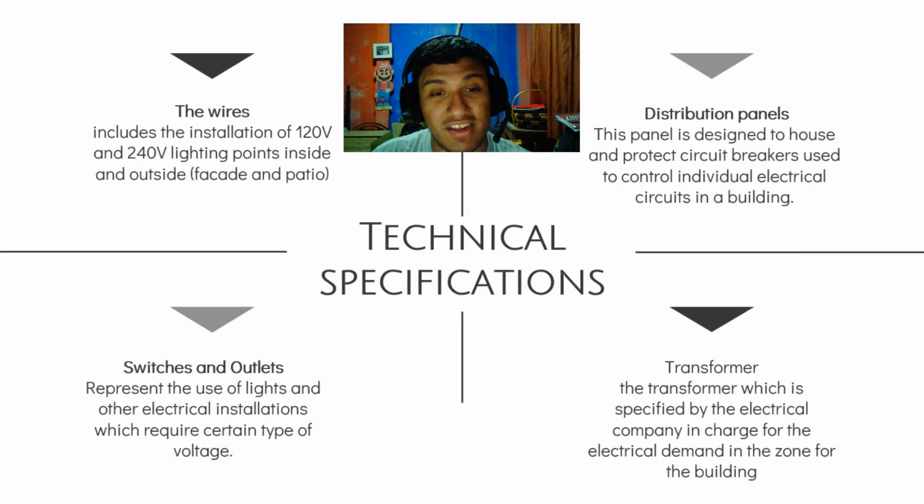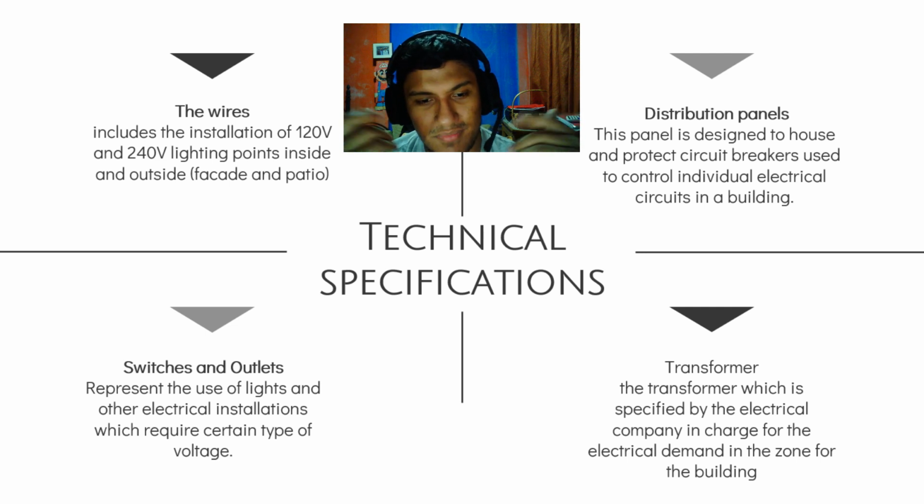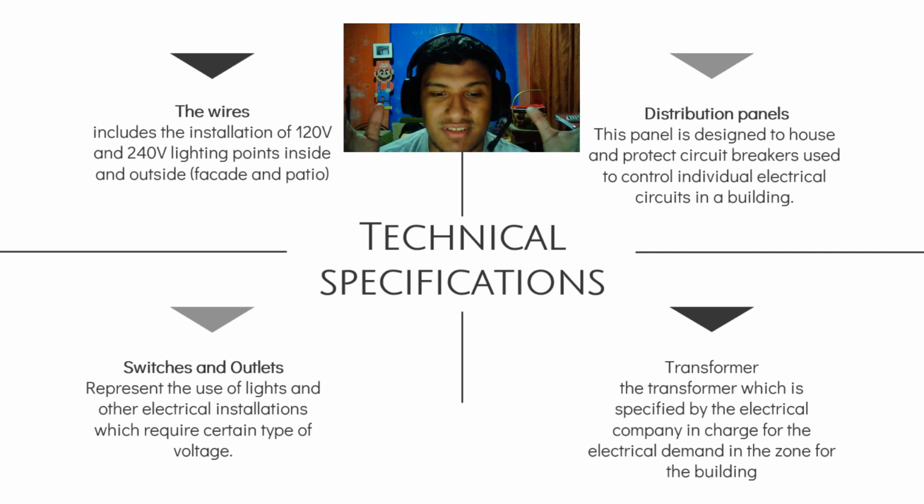Now we have the technical specifications, which refer to the specifications for wires, distribution panels, switches and outlets, and transformers, among other parts of the electrical system. For example, the switches and outlets represent the use of lights and other electrical installations that require a certain type of voltage. It differentiates, for example, the outlets that require 120 volts and 240 volts.